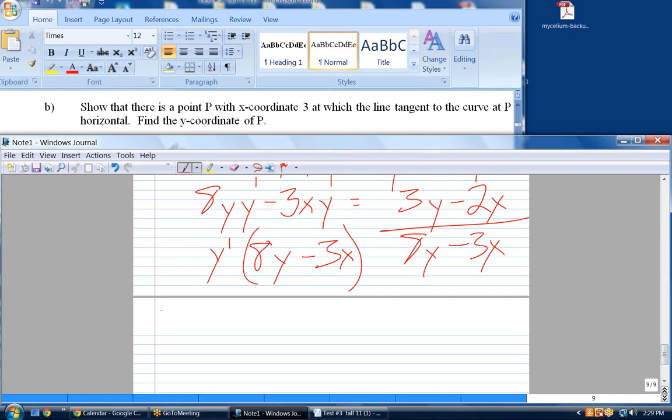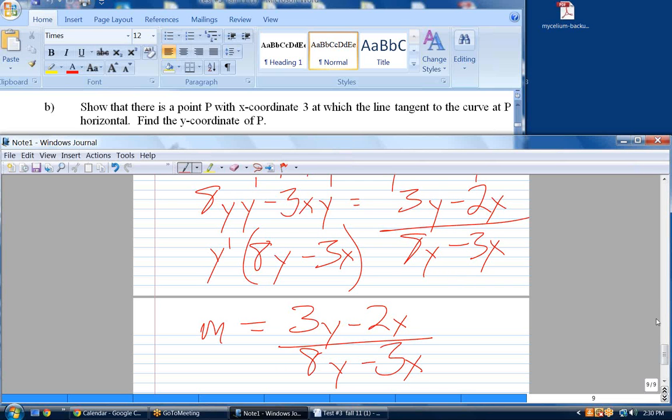So if this is the slope of this curve at any point, and they're saying that at the point x equals 3 the tangent is horizontal, meaning the slope is 0.